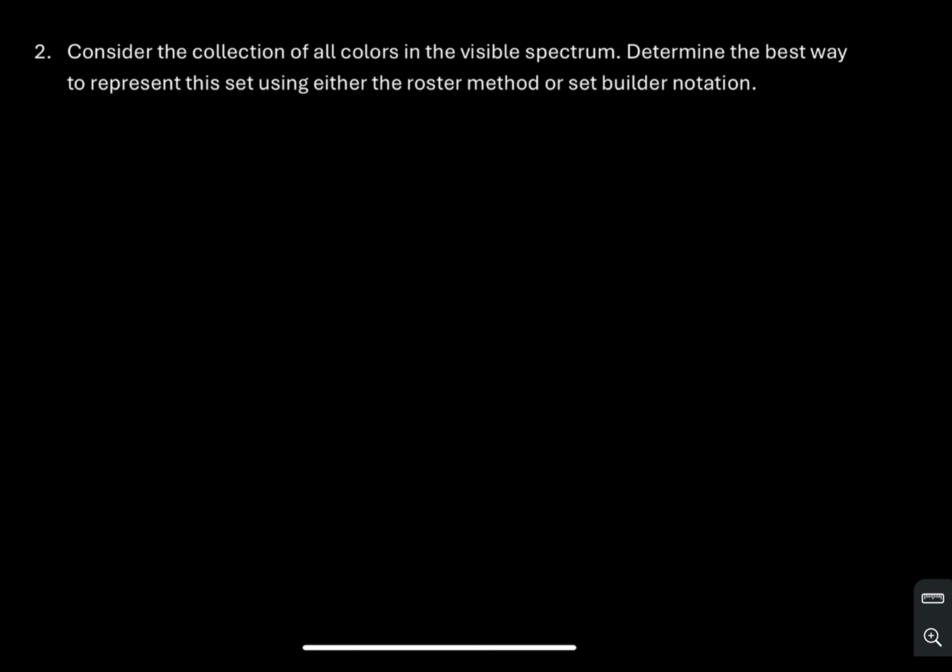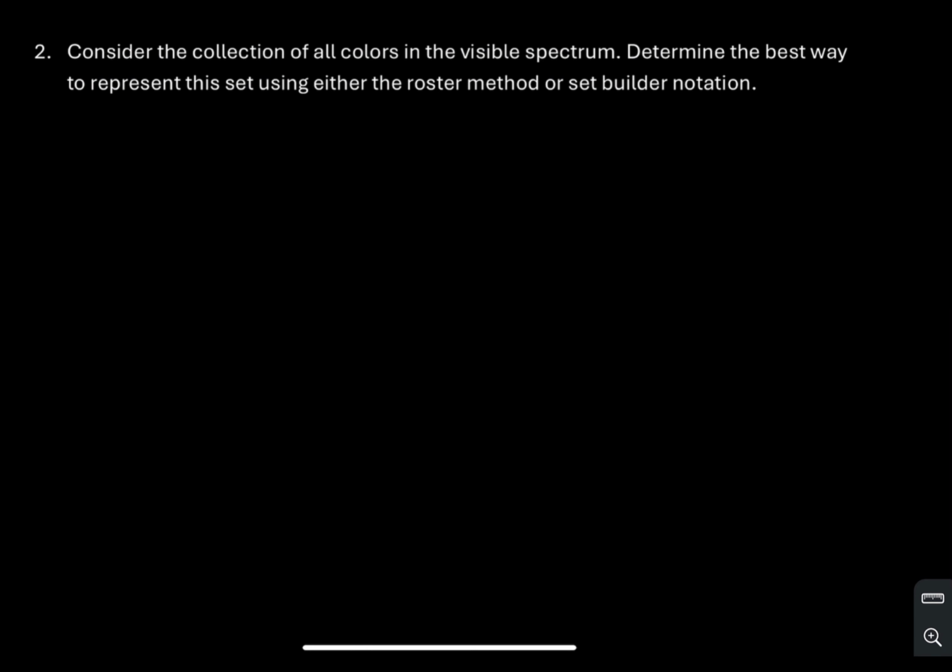So for the second problem, it says consider the collection of all colors in the visible spectrum. Determine the best way to represent this set using either the roster method or set builder notation. Now, the colors in the visible spectrum are colors we can see. Now, you have your main colors like red, blue, orange, yellow, purple, brown, black, white, and so on. But there's also different shades of each color.